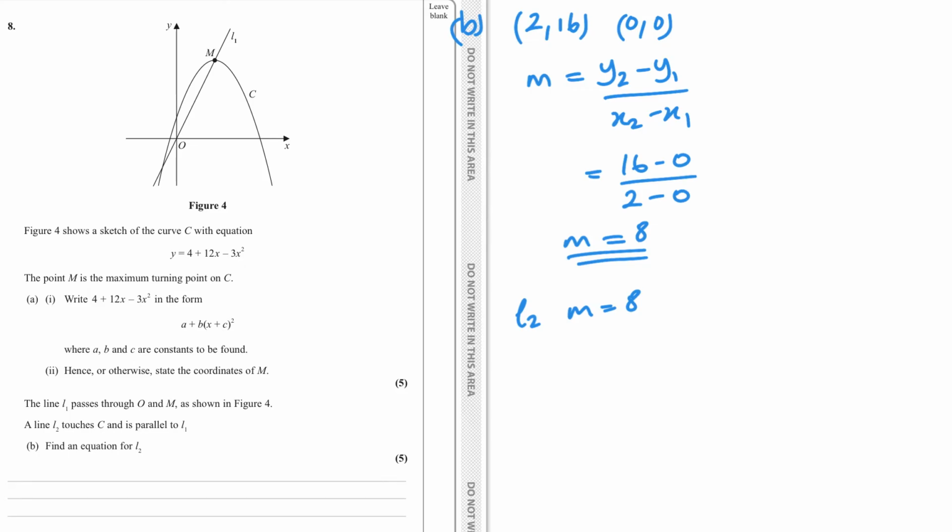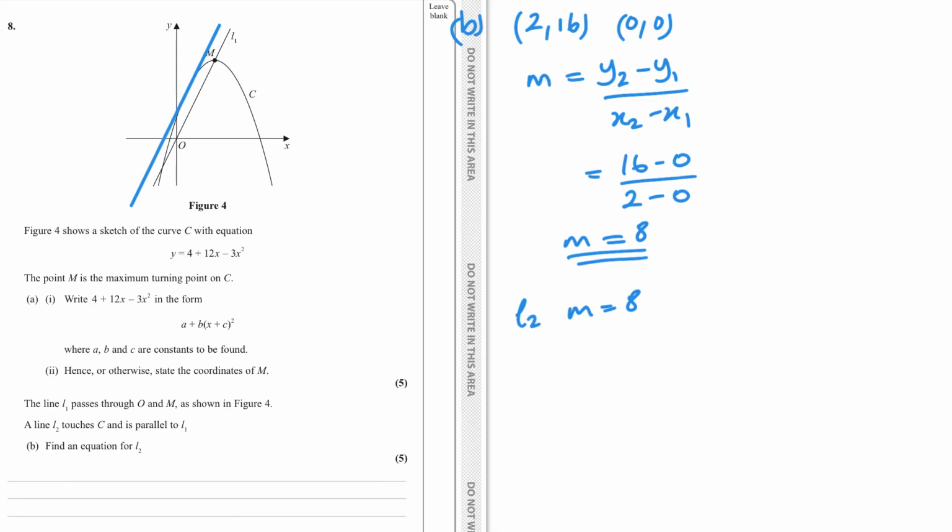Now, that means L2 is going to have a gradient of 8, but we need to find a coordinate for it. If I think about the diagram, I can visually see that L2 is probably going to look something like that, just touching the curve C. But where does it touch the curve C? Well, if it touches, it means it's a tangent. And since we know the gradient is 8, that would mean that the gradient of the curve at that point will also be 8.